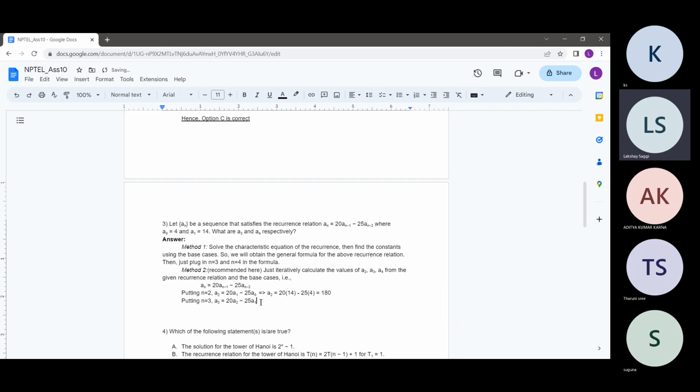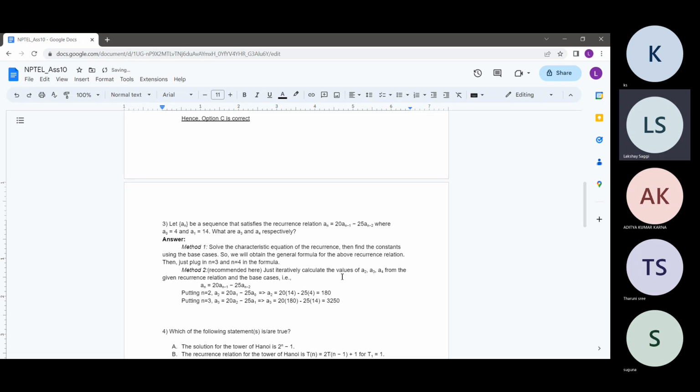So now A3 will become 20 times 180 minus 25 times A1, and A1 was given as 14. Now you can calculate this, and this will come out to be 3250.